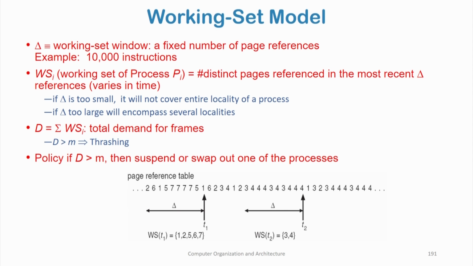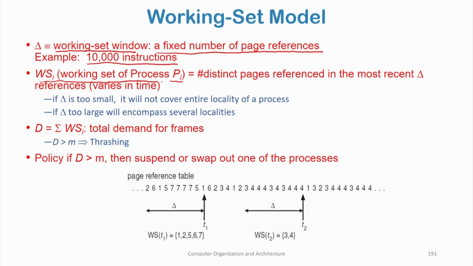For the working set model, we first define a working set window. A working set window is a fixed number of page references in the past. Let us say you look at 10,000 page references in the past, so delta equals 10,000.